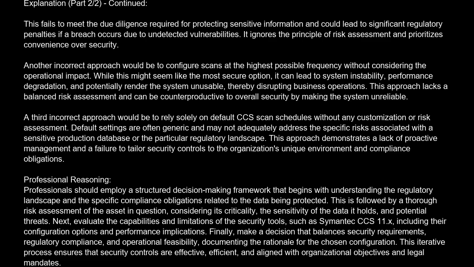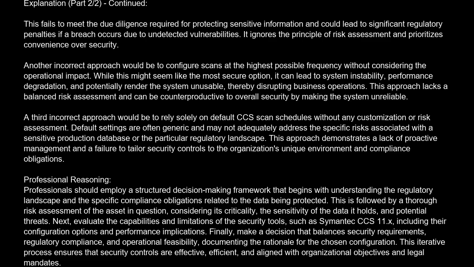Professional reasoning. Professionals should employ a structured decision-making framework that begins with understanding the regulatory landscape and the specific compliance obligations related to the data being protected. This is followed by a thorough risk assessment of the asset in question, considering its criticality, the sensitivity of the data it holds, and potential threats.